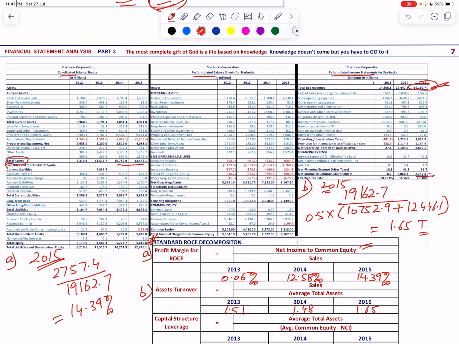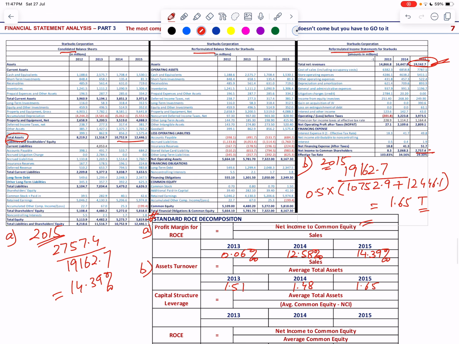Next, we are going to calculate the capital structure leverage, and we put this as C. For the capital structure leverage, we have the average total asset, the same that we have over here. So that is 0.5 times 10,752.9 plus 12,446.1, and this will be divided by the average common equity minus non-controlling interest.